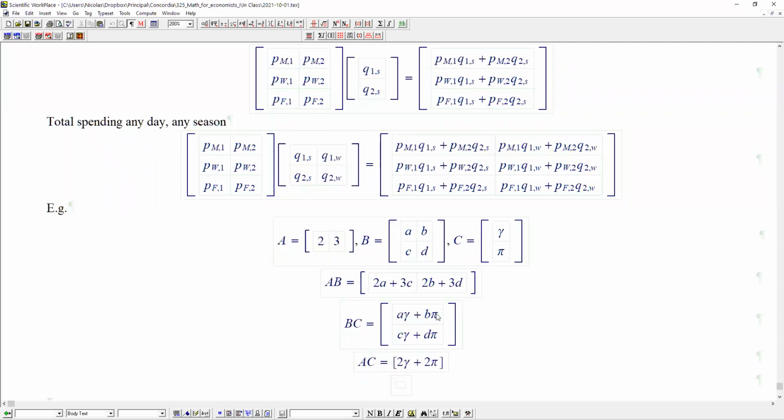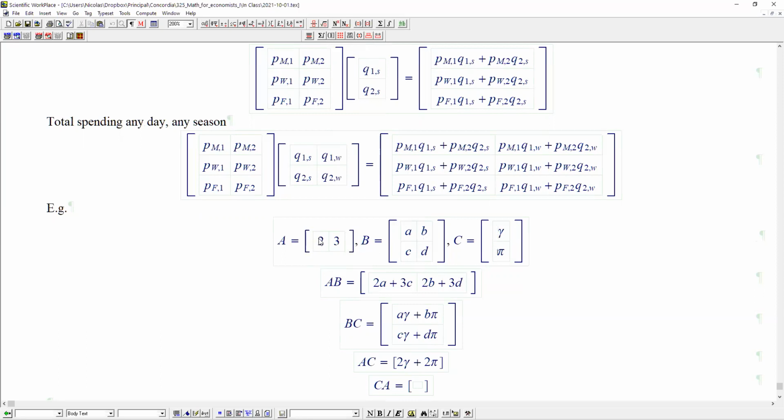Next one, CA. Can I do it? Yes, it's like an outer product. I can check: I have 1 column for C and 1 row for A. So 1, 1, I can do it. How many rows do I get? I get 2 rows.